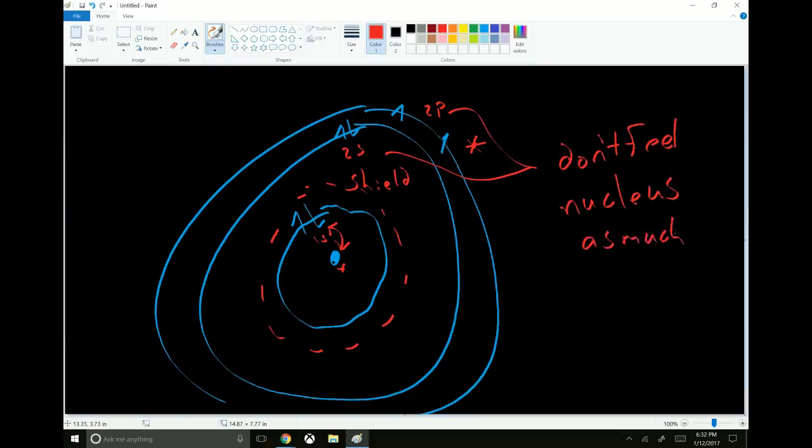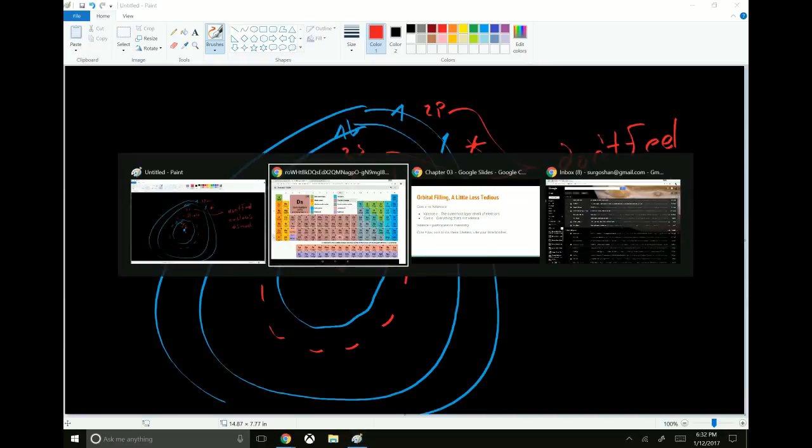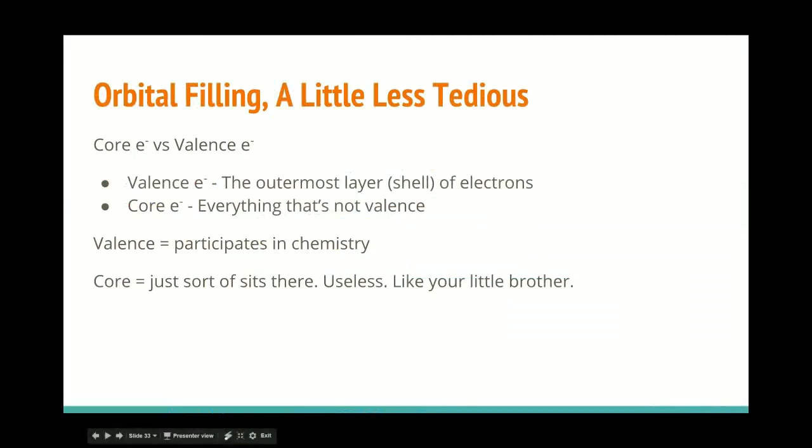I'll qualify that. They don't feel it as much. It's not that they don't feel it at all, it's that they don't feel it as much. Okay. So, core electrons act as a shield, and they just sit there. They don't participate in chemistry because the valence are in between them and the rest of the world, and the valence electrons don't feel the nucleus quite as much because the core electrons are in between the valence and the nucleus.